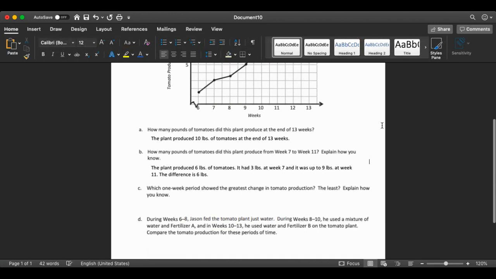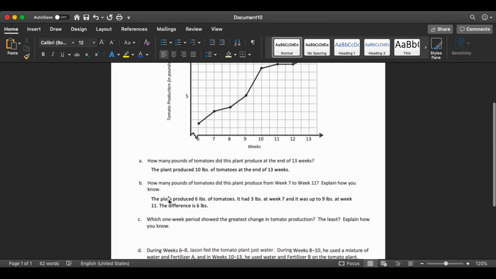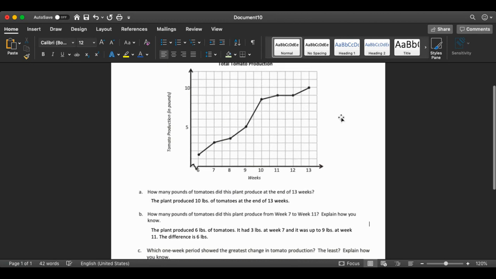Let's look at C. It says, which 1 week period shows the greatest change in tomato production? The least. Explain how you know. So we're looking for the greatest change in tomato production and the least change in tomato production. When they're asking for the greatest change, I'm looking between 2 points and finding the steepest line. A steep line means more tomatoes were produced.